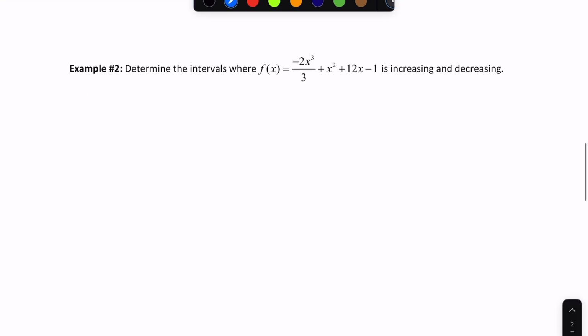It says determine the intervals where f of x is equal to negative 2x cubed over 3 plus x squared plus 12x minus 1 is increasing and decreasing.